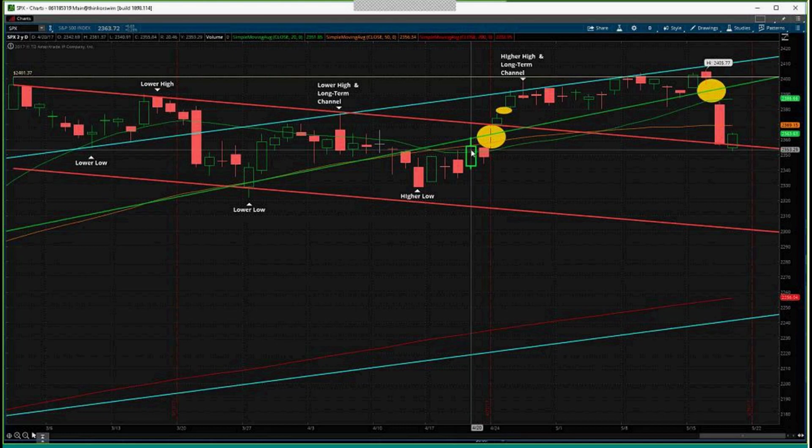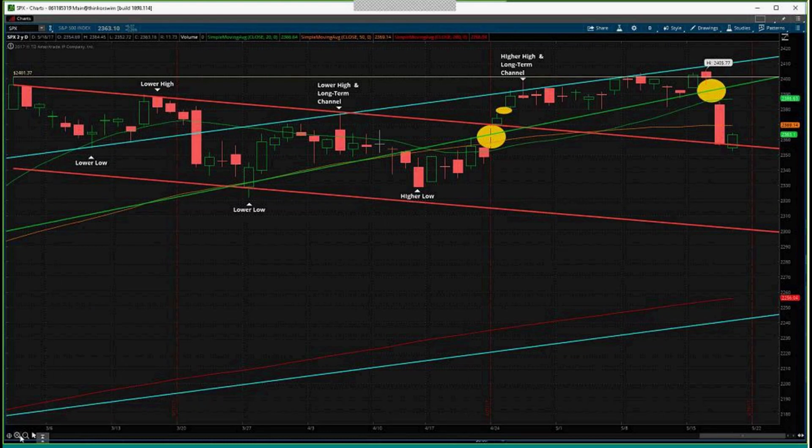What I had said was, would the 2350 area hold? I didn't know, but I saw a lot of different support levels going down at 2350, 2325, and even a little bit lower than that. But you can see here the lows in this 2325 area was the bottom of this congestion area.